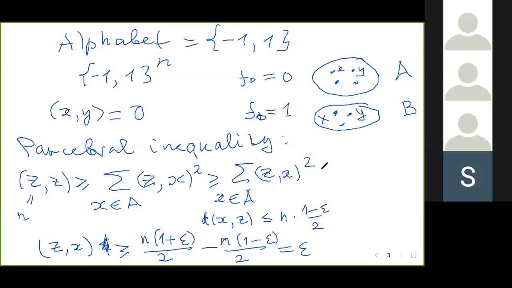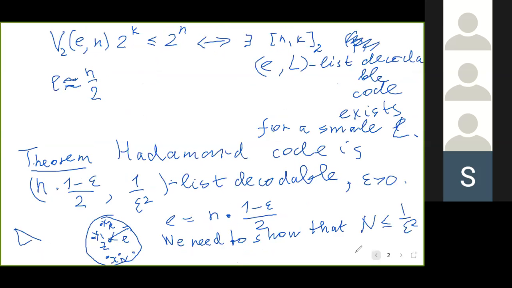So we obtain that this sum is at least the number of such code words times that. Sorry, inside this ball, let us divide our x's into two groups, A and B, and let a denote the number in the first group and b the number in the second group.